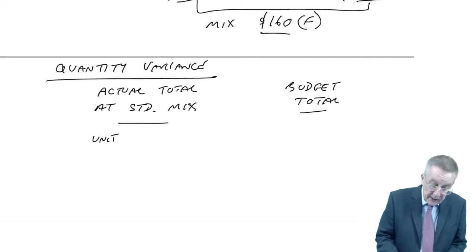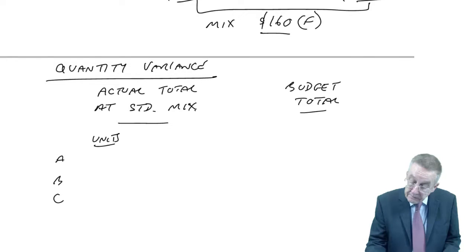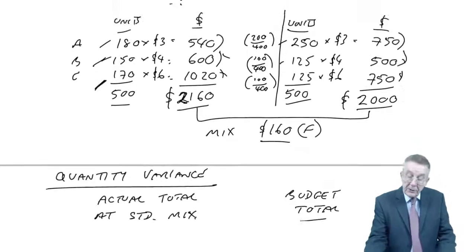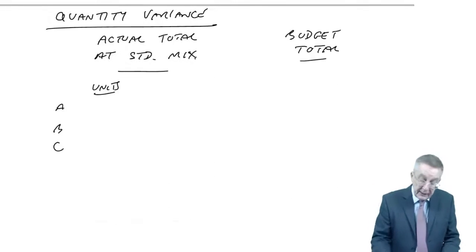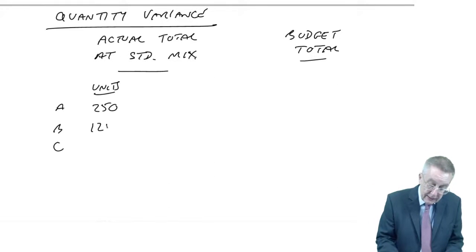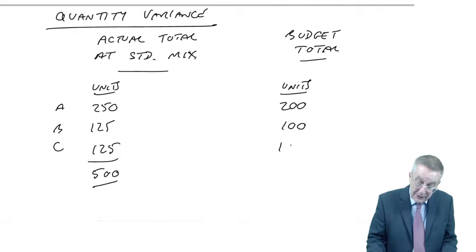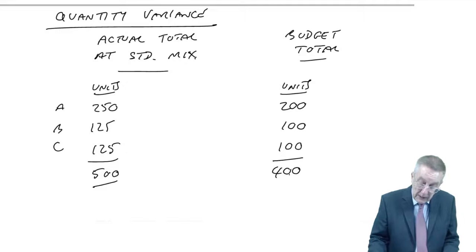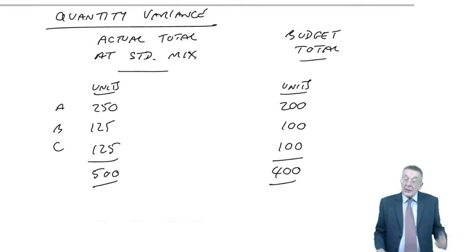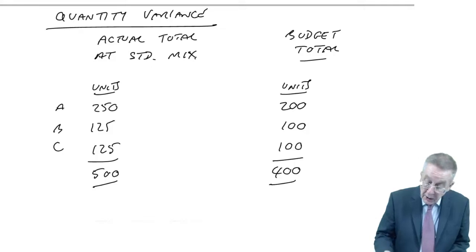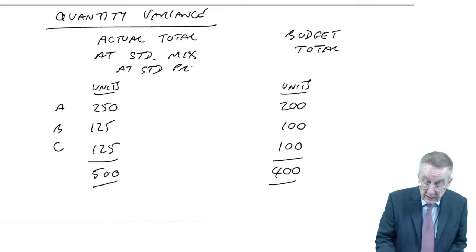Well, actual total at standard mix, we've already worked out. A, B, C. What was it? 250, 125, 125. The budget total, which is obviously a standard mix, it should have been 200, 100, 100. We need to cost out. Well, I hope clearly, in both cases, it's a standard profit or contribution.